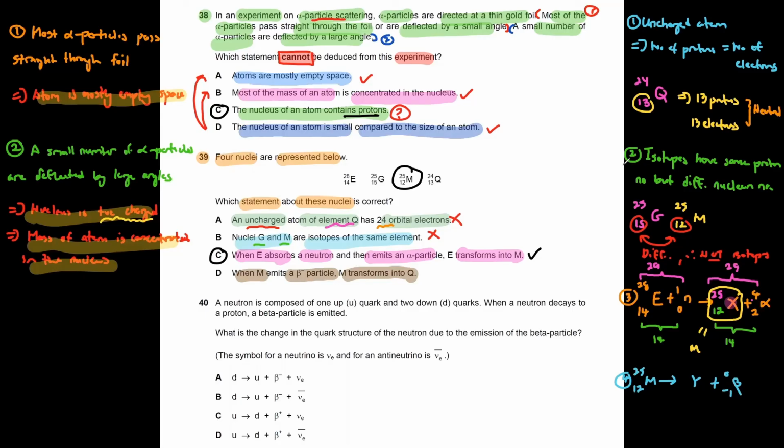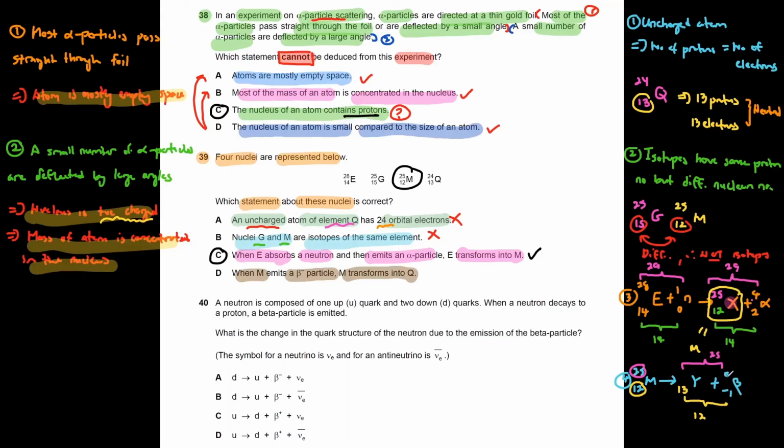So it's the same thing as before. We try to apply conservation of proton number and nucleon number. So since this one is 12, we know this one must be 12 when it comes to the proton number. So this must be 13 then, so that 13 plus minus 1 gives you back 12. And then when you look at the nucleon number of 25, after the reaction, it should still be 25.